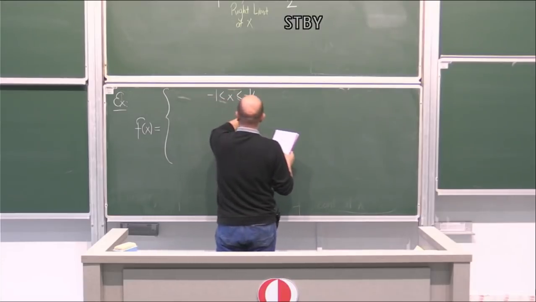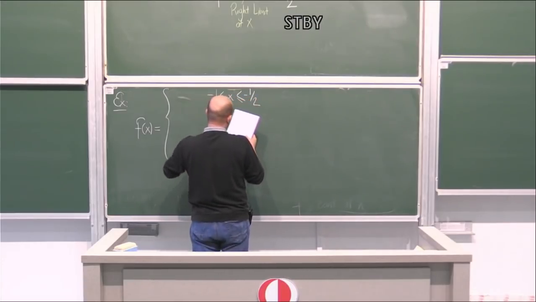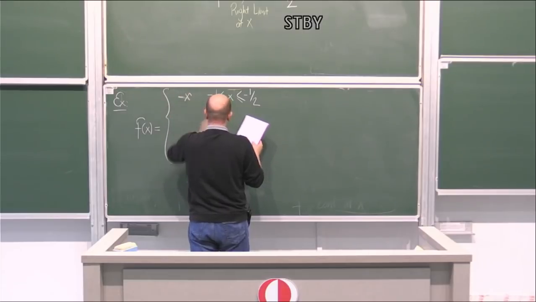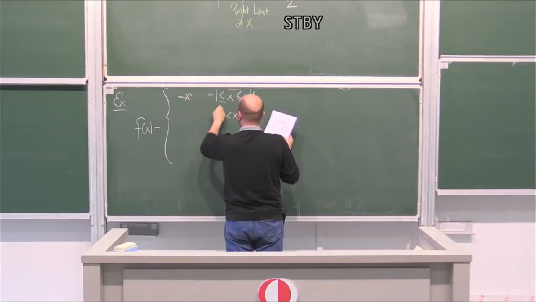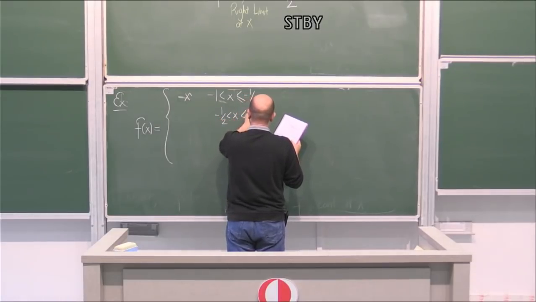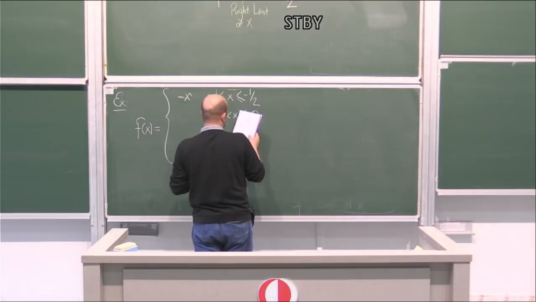Between minus 1 and minus 1 over 2, it is minus x. Between minus 1 over 2 and 0, it is 1.